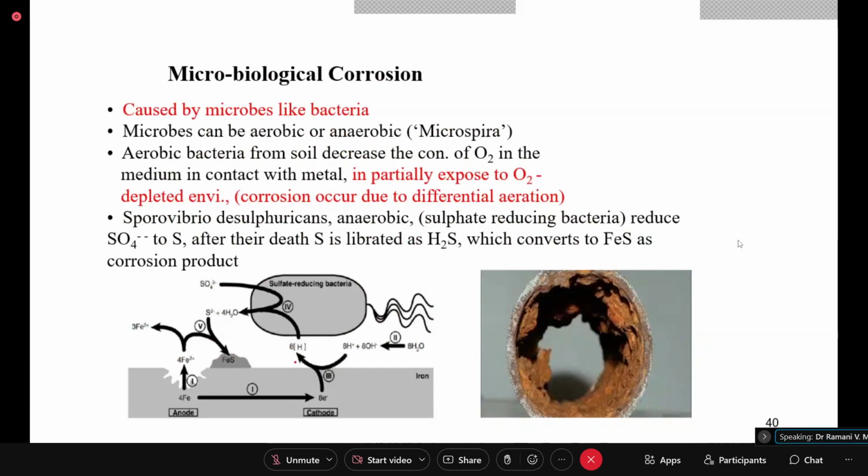Okay. Microbial corrosion. There are different types of bacteria, like Desulfovibrio desulfuricans, then anaerobic bacteria, sulfate reducing. They will lead to formation of FeS at the surface, and this will lead to, first of all, oxidation of Fe2+. Then at the cathode you are having some electrolyte, and you get formation of hydroxide, with 8 electrons coming from here.